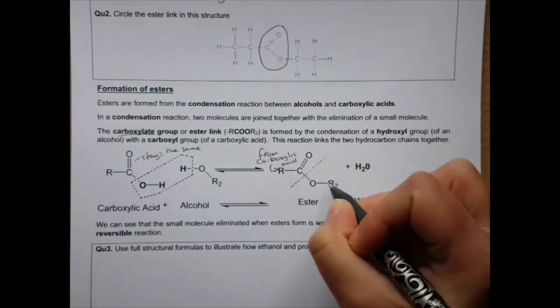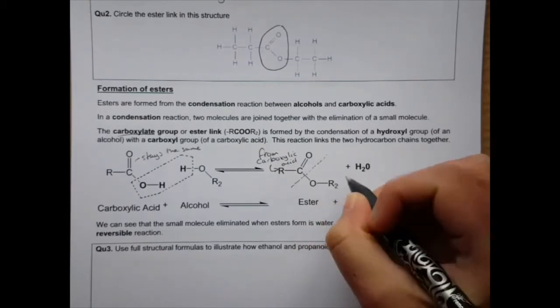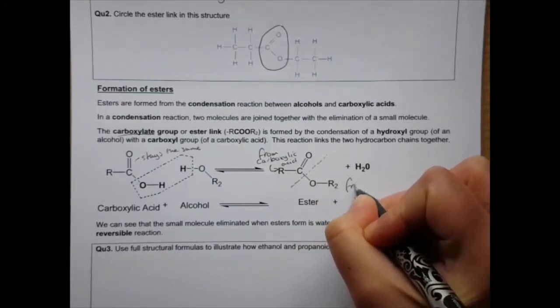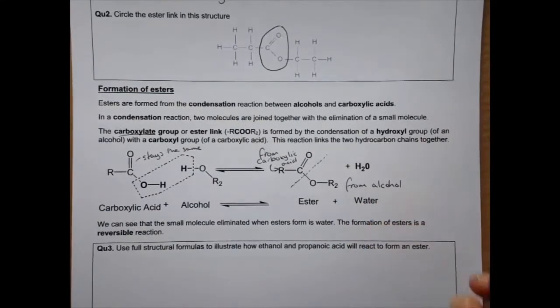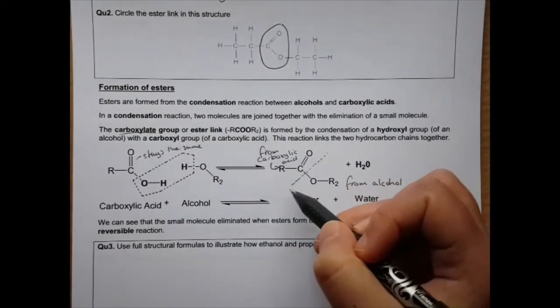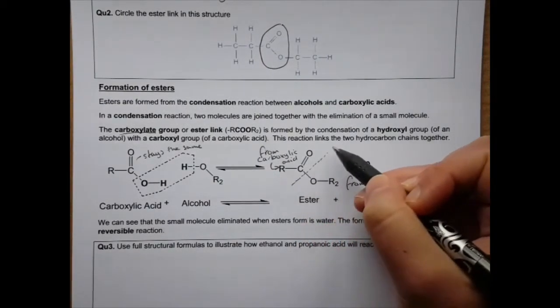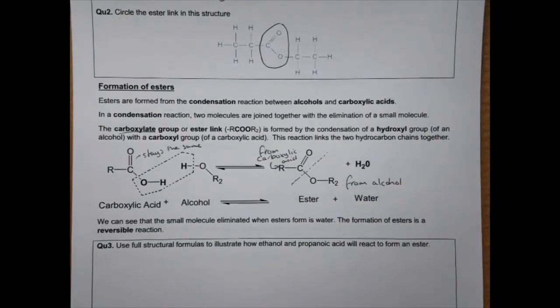And the other half, the half where we've just got the oxygen with a single bond to what will probably be a carbon, that comes from the alcohol. So it's often very handy to be able to just draw a dotted line like this to split the ester up, and it'll help you when it comes to naming as well.